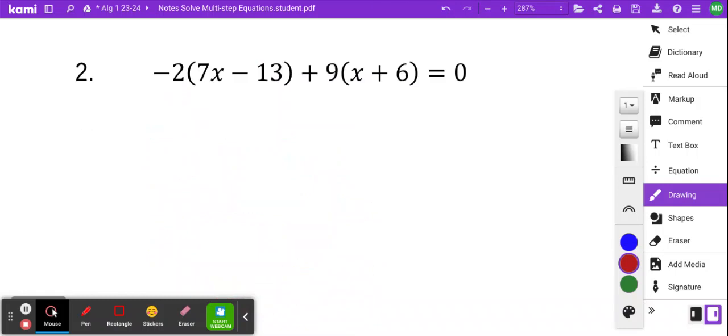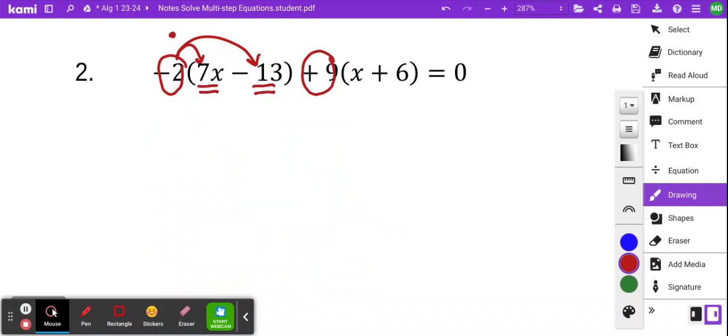When you come across a problem like number 2, we see parentheses. When we see parentheses, we need to remember to distribute the numbers in front of those parentheses, and we're going to follow those signs. So my negative 2 here is being multiplied by our two terms, 7x and our negative 13.